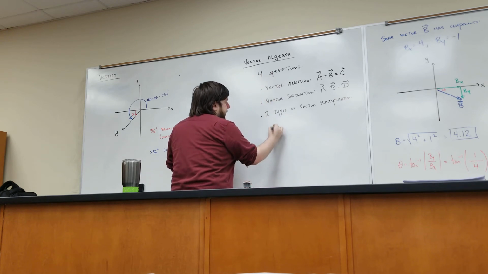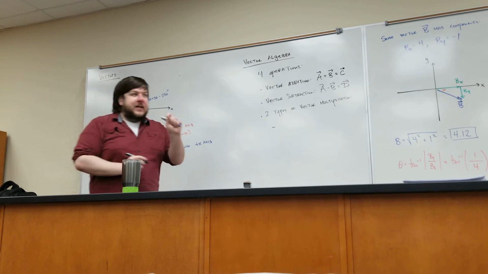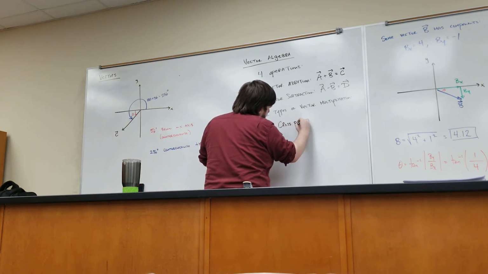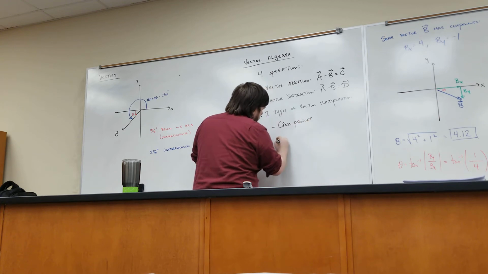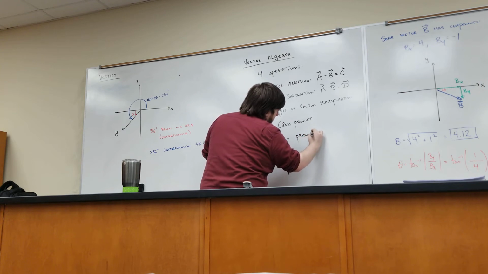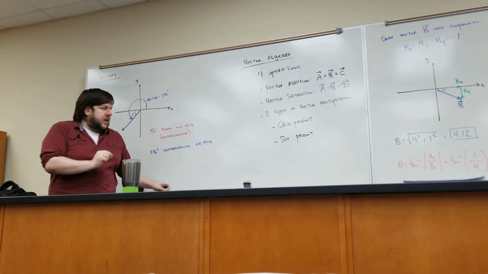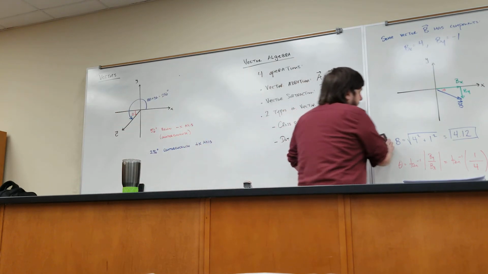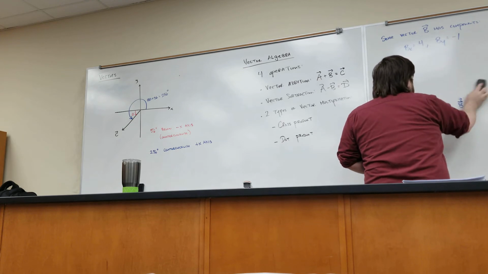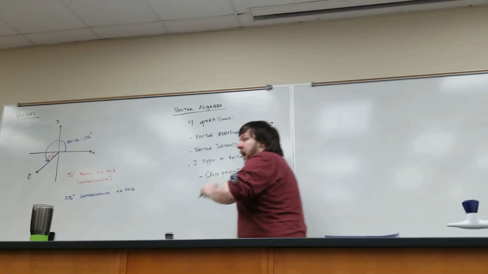We differentiate between the two by the symbol that we use. One of these is called the cross product, and one of these is called the dot product. When you are writing out scalar multiplication, there are two symbols that can be used to describe multiplication. One of them is a cross, like an X, and one of them is a dot.